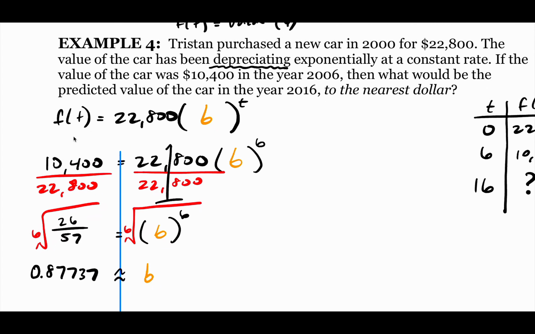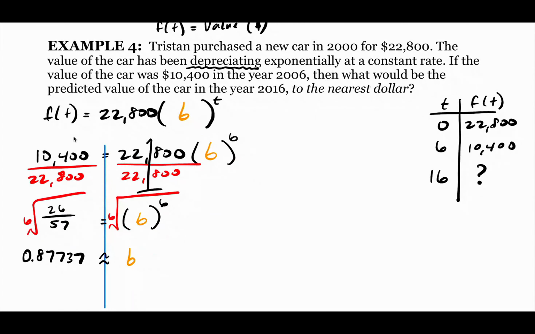All right, so last thing we're going to do is, now we have our function we can use. A function is just anything you can plug numbers into, so a formula.